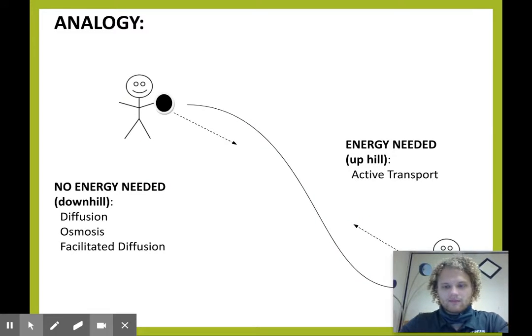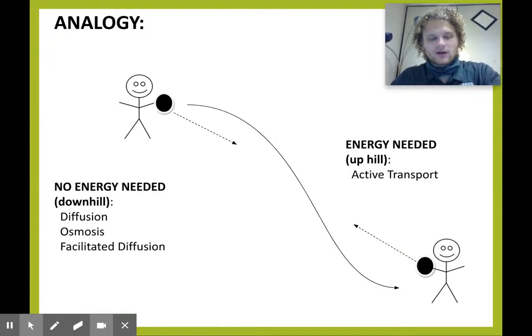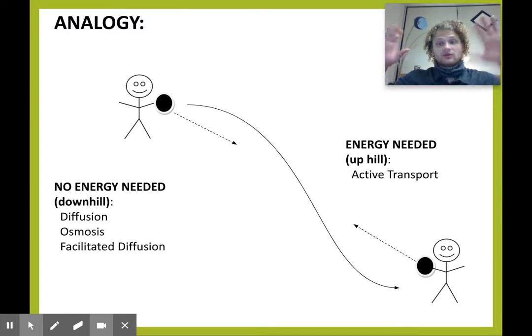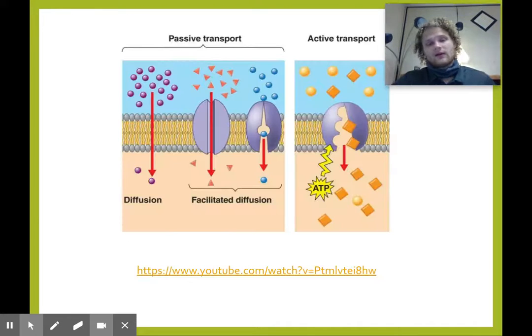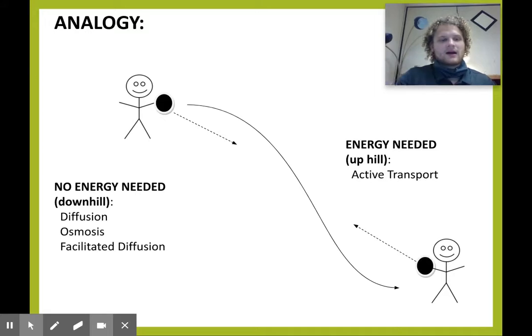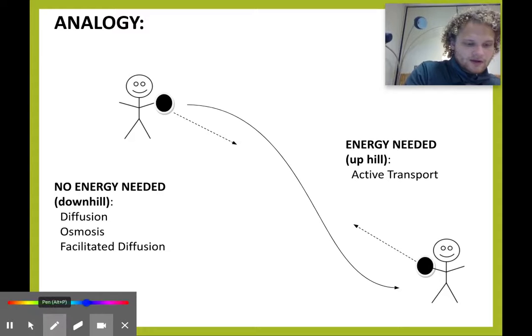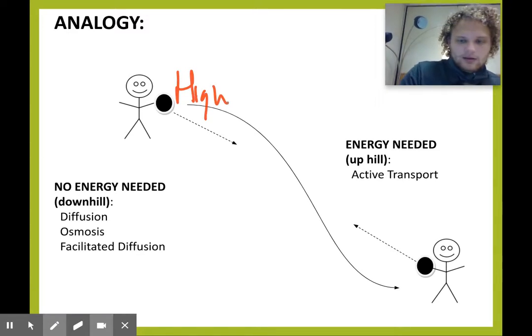Okay, go ahead and watch this YouTube video if you want an example and kind of see it all in action. All right, my best analogy for you is you got these hills. All right, if you're riding your bike and you're going down the hill, then it's not going to require any energy. You just let it go and you're going to ride down the hill because you're going from high concentration to low concentration. All right, again, I would draw this out. You're going from high to low.